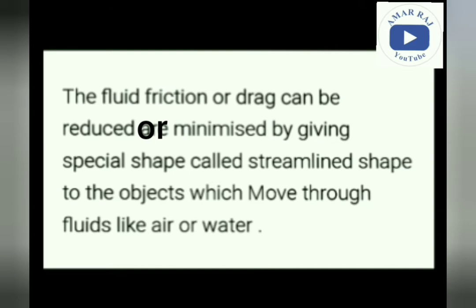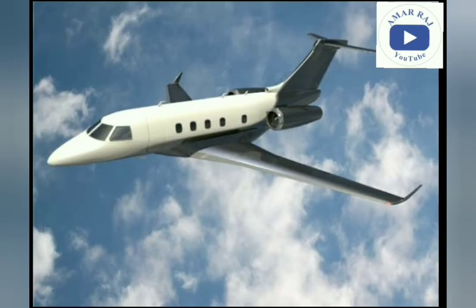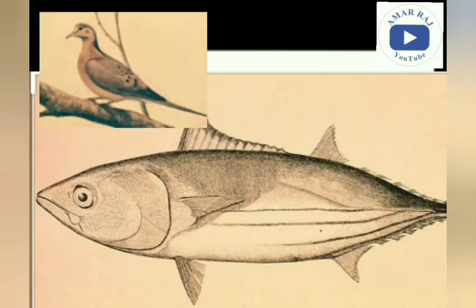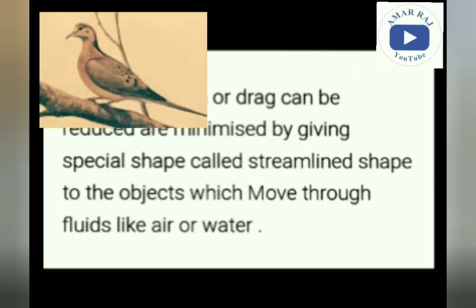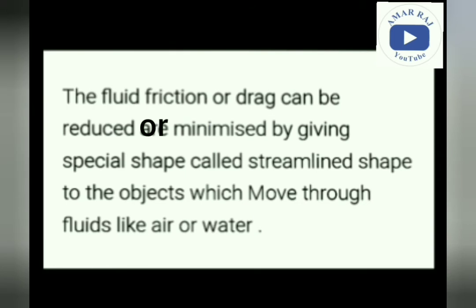We can take examples: the shape of an aeroplane, the shape of a fish, the shape of birds. You can observe the similarity in these shapes, and this special shape is called a streamlined shape.